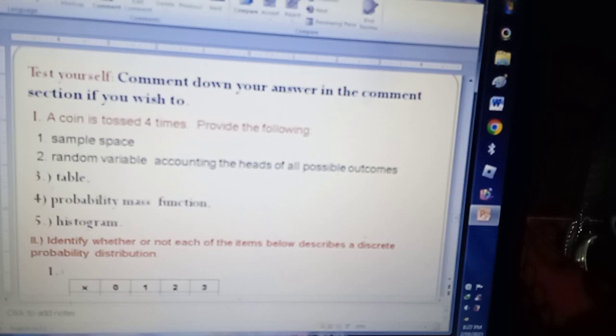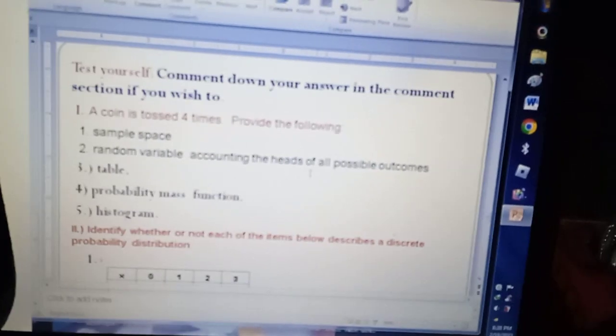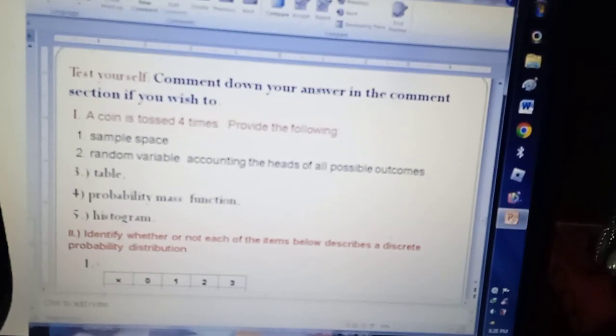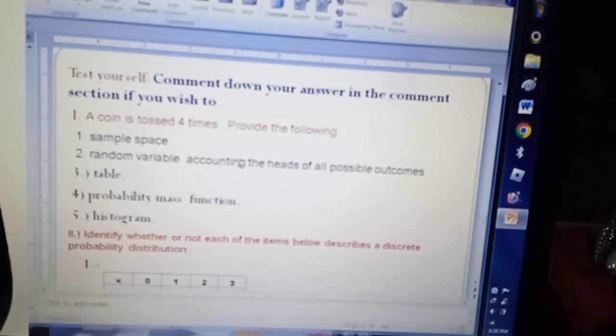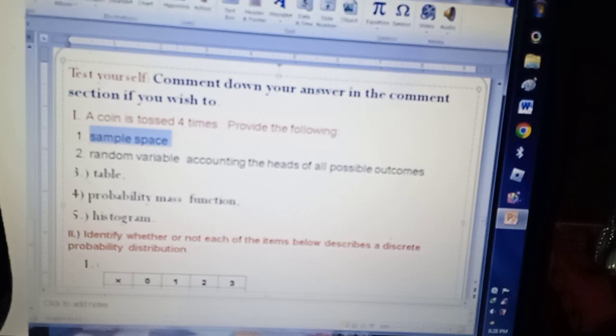so let's go to testing ourselves. Now we test ourselves. Let's make it clearer. It's quite unclear here. Let's try to make it clear.